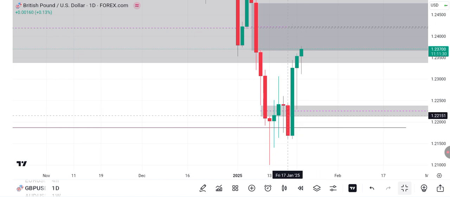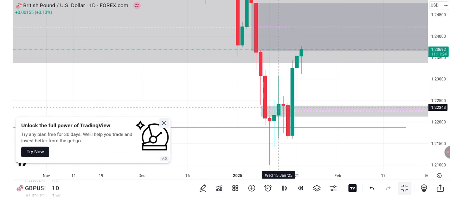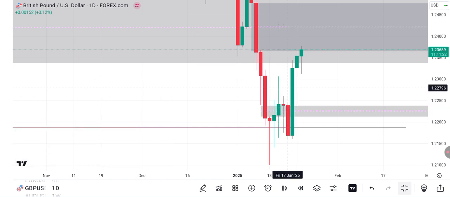In fact, I wasn't inside this first movement higher because it didn't stay above the inversion fair value gap. This was a movement that stayed above the inversion fair value gap, and it was this movement downward that I was actually waiting to trade.